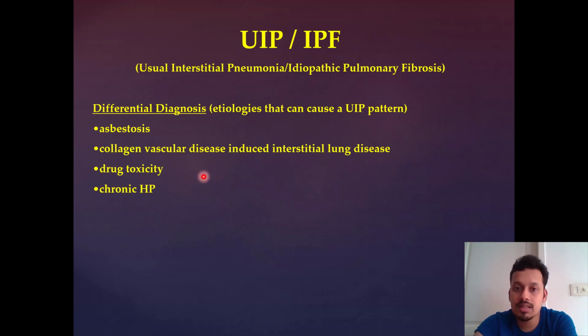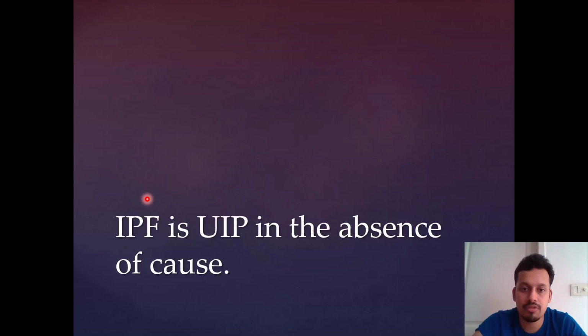Collagen vascular disease induced ILD can present similar to IPF, and the classical collagen vascular disease is scleroderma, which presents exactly like IPF. Then drug toxicity and chronic HP. Although chronic HP is slightly less toward the lung base and slightly more over the upper lung zones, sometimes it can mimic IPF.